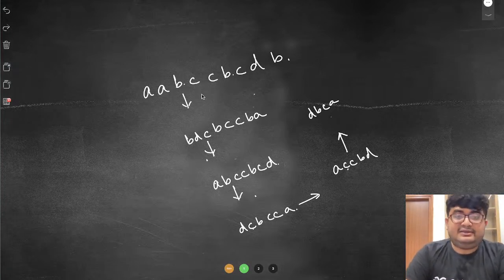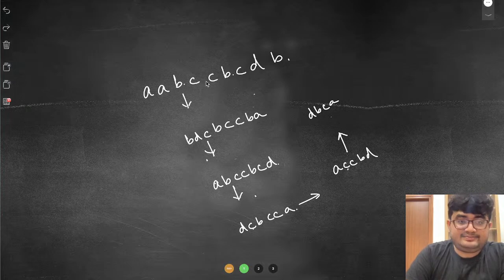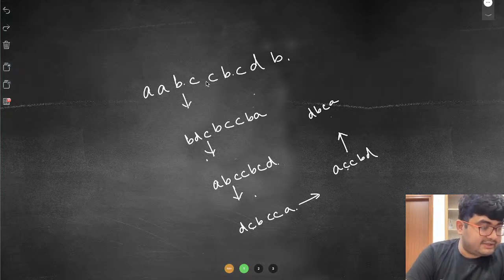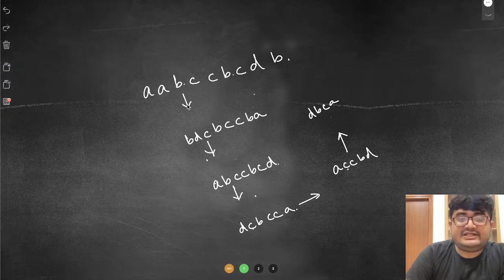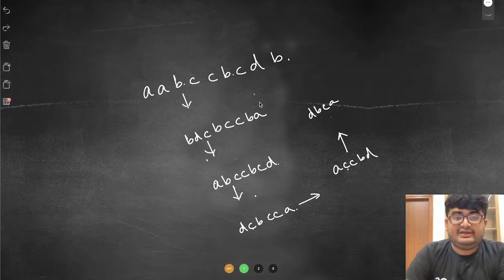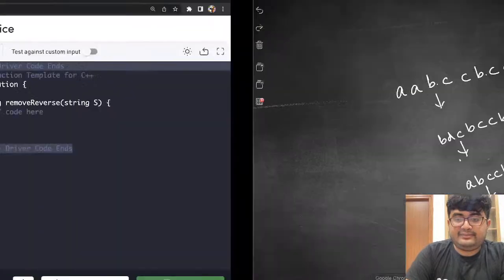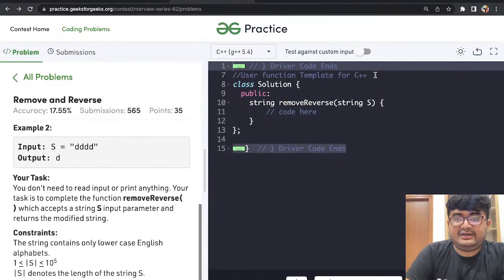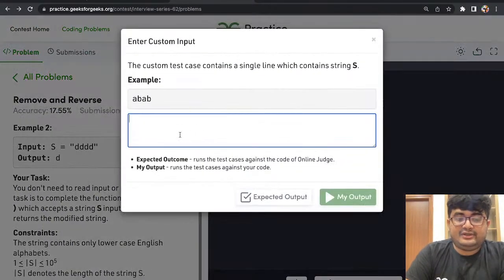So let's see if this is giving DBCA. Let's try to compile with a custom input.